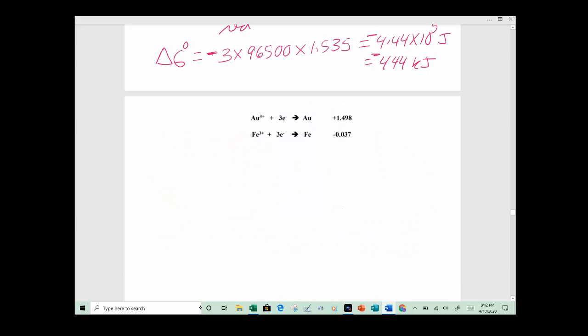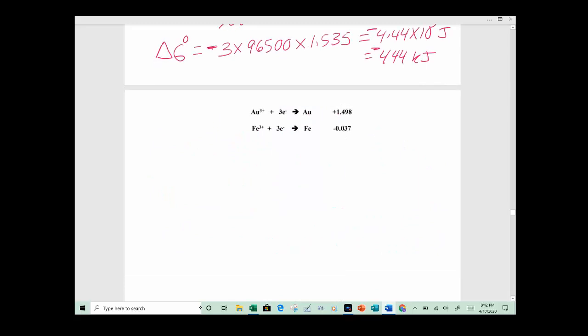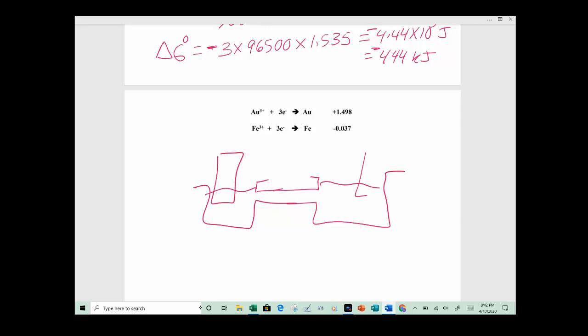What would our cell picture look like? We have 2 beakers, and not a very good drawing. We have 2 beakers with some liquid in them. There's one electrode, there's the other electrode, there's a voltmeter, some wires connecting them together. And we know that the gold is being reduced.